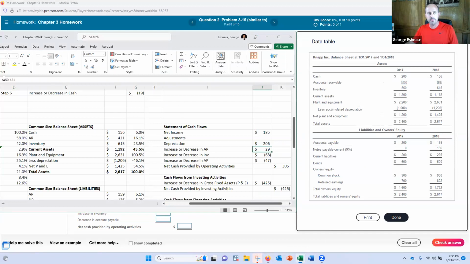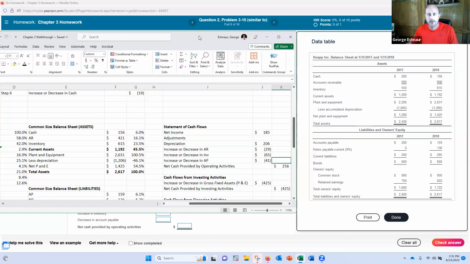And if AR went up, it should be a negative, right? Inventory, we see here, went from 550 to 615. So it's 65. And then for a decrease or increase in accounts payable, we see a decrease of 41.